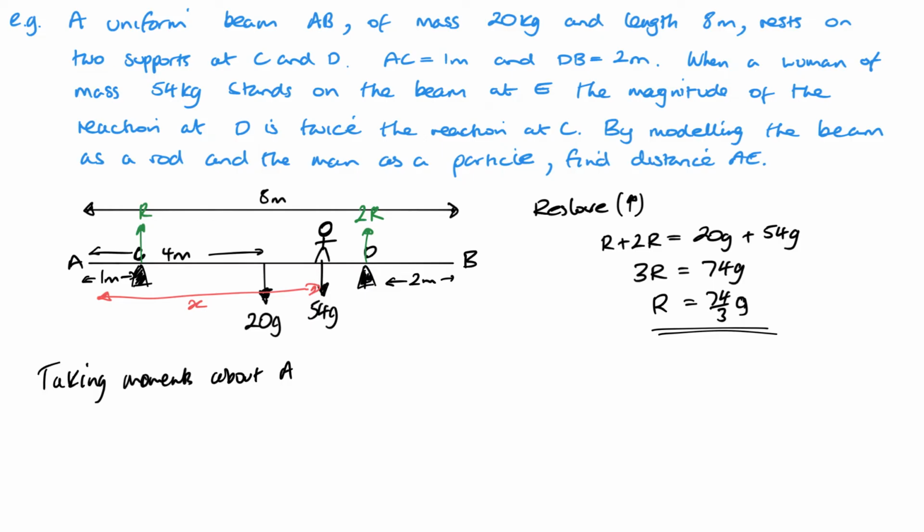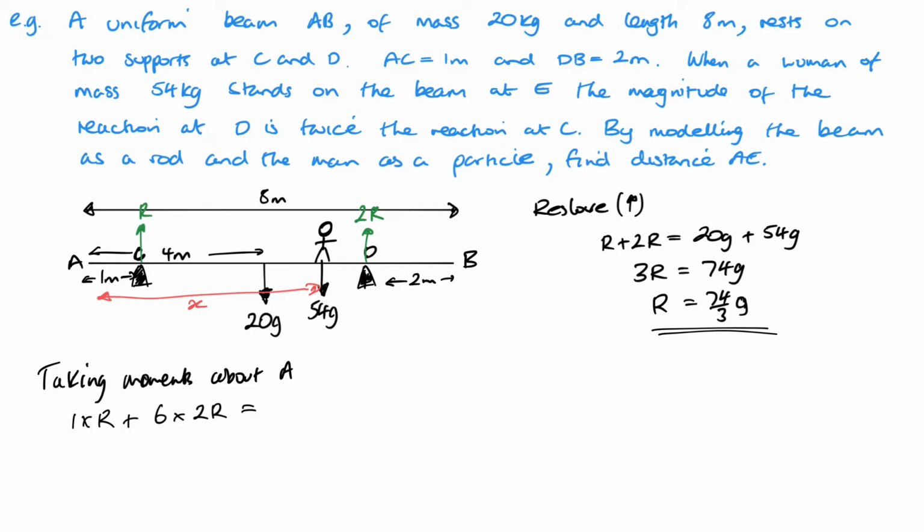So this time, since A is on the end, it's nice and easy. We can see that this reaction force is going to have an anti-clockwise direction, as will this one. So let's put these on one side. We've got 1 times R plus, and then our distance to our second one is 6 meters, so 6 times 2R.